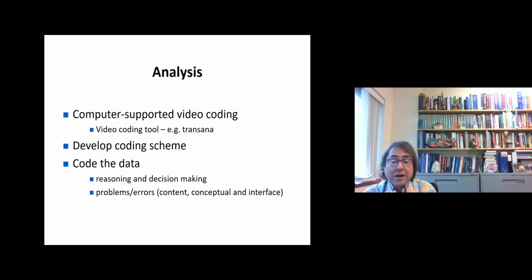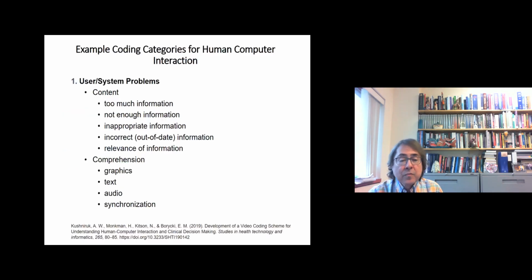Back then, we began developing video coding schemes. Video coding schemes can be used to identify cognitive aspects in reasoning and decision-making, as well as specific pinpointed problems with human-computer interaction. This was from our initial coding scheme, and we'll see how it's applied in a minute.